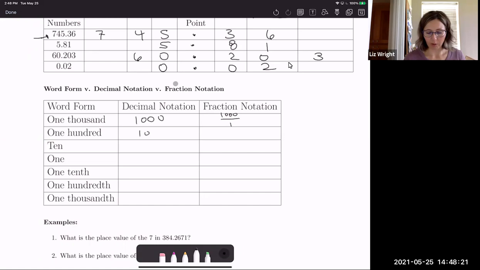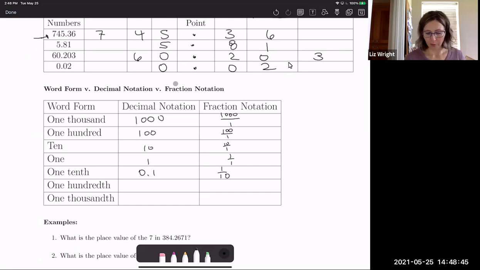Then we'd have 100, which is 100 over 1, then 10, which is 10 over 1, and 1, which is 1 over 1. Then we've got one tenth, which in decimal notation is going to be 0.1.